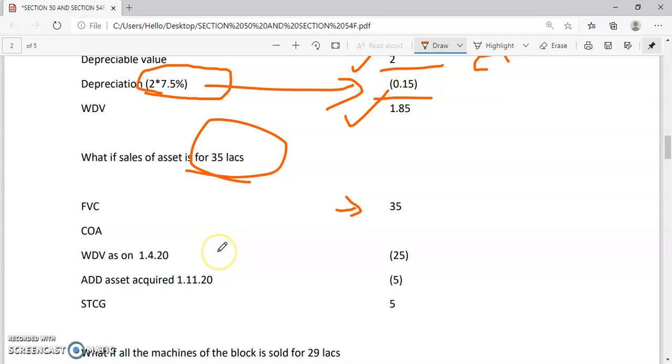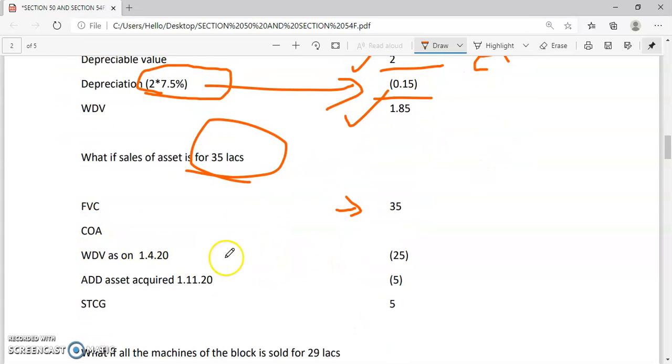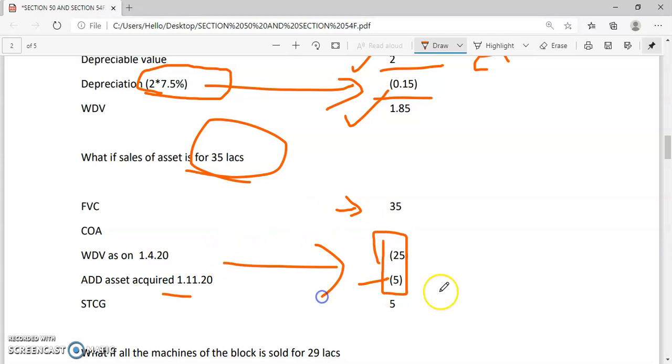The cost of asset, that is the WDV at the beginning of the year, is 25, and the asset acquired on 1st November is 5. So the cost of asset, the WDV plus the addition of the asset, is 30. However, the asset is sold for 35. So the full value of consideration is more than the cost of asset, so it will be termed as a short term capital gain. So here 5 will be termed as a short term capital gain.